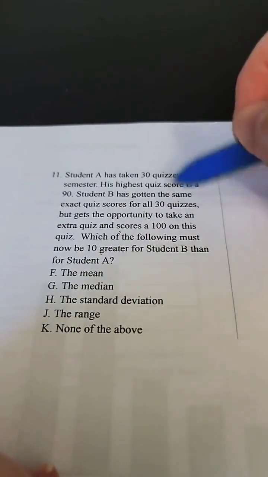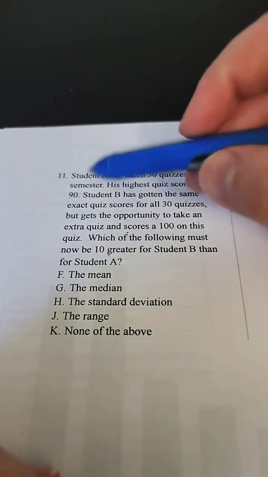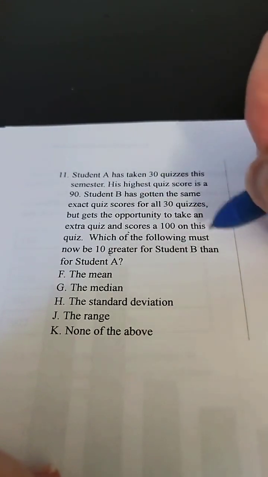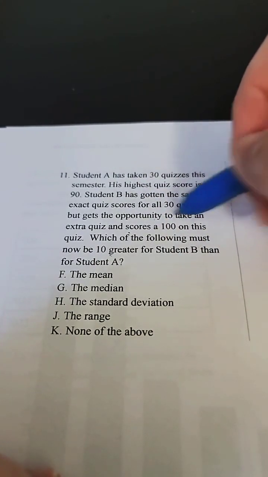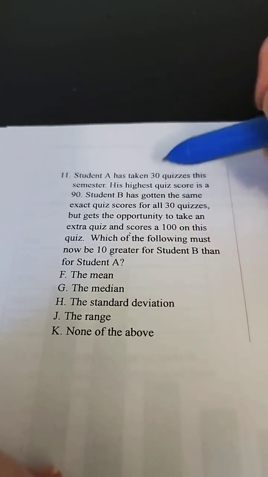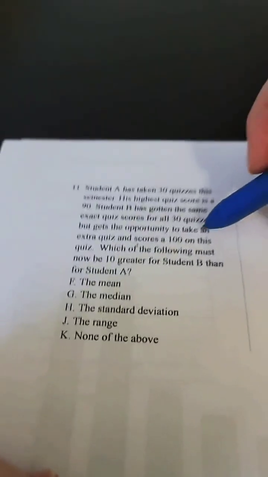So initially they had all the same quiz scores, right? And initially both of their high quiz scores would be a 90 if they had all the same quiz scores. But then student B gets a new highest quiz score of a 100. So now the maximum has changed, but the minimum has not, because they still have all the quizzes before, so they still have the same minimum.